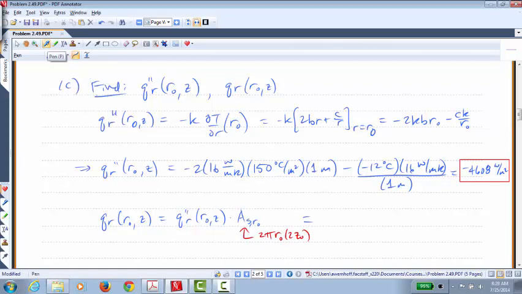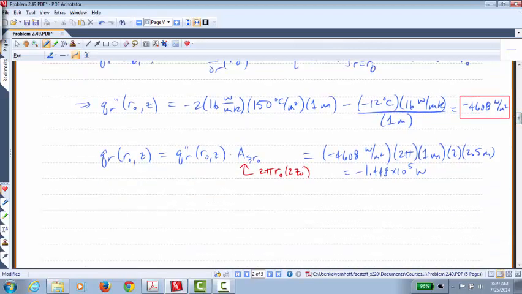So if we write it out with the appropriate numbers here, we're going to get then negative 4608 watts per meter squared times 2 pi times RO, which is 1 meter, times 2 times ZO, which is 2.5 meters. And the answer we get then is minus 1.448 times 10 to the 5th watts.